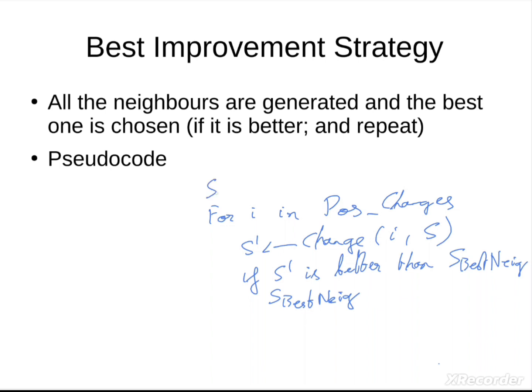Initially, the best neighbor can be set equal to the current solution. This is not done for every metaheuristic, but it is safe in this case. And afterwards, you update the current solution with the best neighbor.